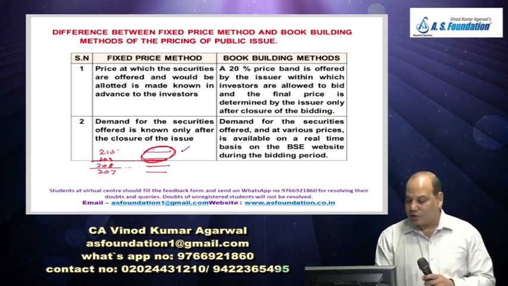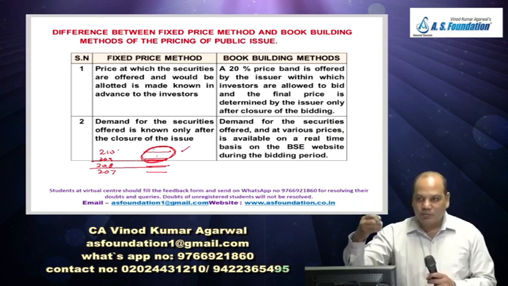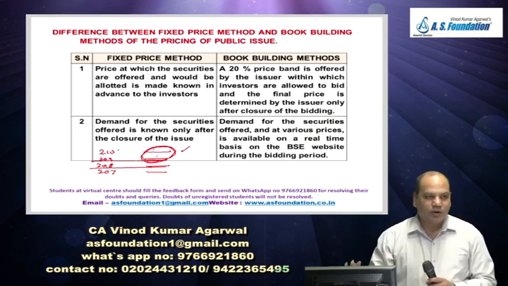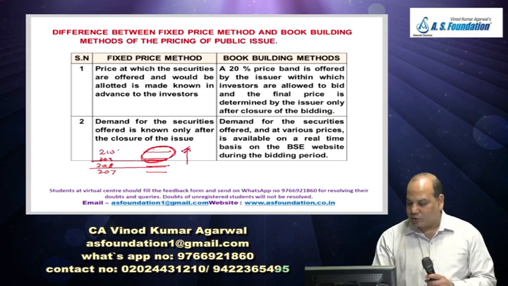If that is not sufficient, then multiply by 208. This way, logically, they will start from the highest price and go 1 rupee below, 1 rupee below, until they find a price at which their requirements can be met. And then all those who applied at 208 or above will be allotted.